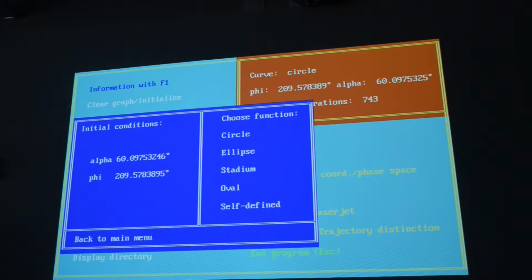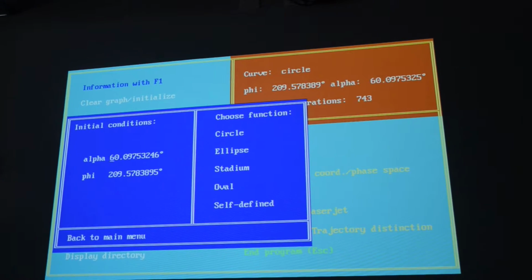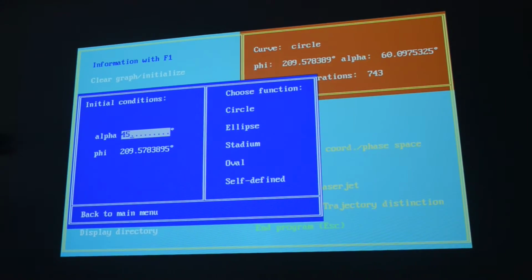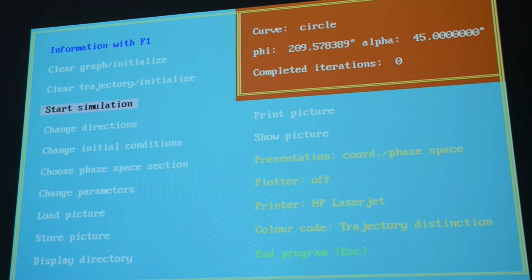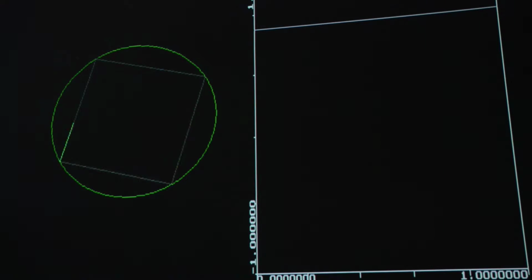Okay, my alpha I'm going to take to be 45 degrees. Start simulation. Okay. So now, I think you can see clearly 4 points. The blue points, 1, 2, 3, 4.